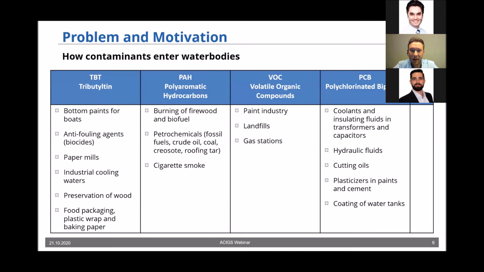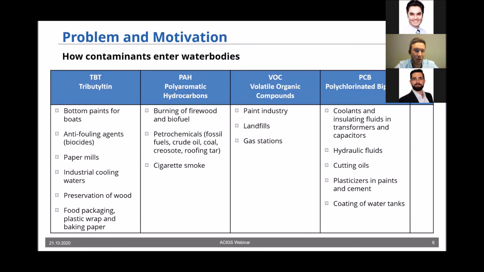So this is a slide where I try to put the different industries into groups. For example, as I said before, when you have to deal with a remedial site that is very close to, let's say, a paper mill, then you can imagine that you will probably have tributyltin in the sediments.